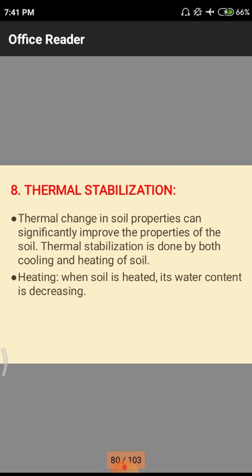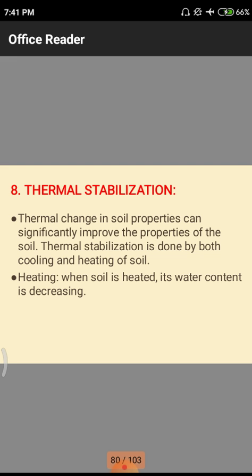Till now we were discussing bitumen stabilization. After that we have thermal stabilization. Normally thermal means at high temperatures, and we use a huge amount of heat to stabilize the soil. Why? Because in foreign countries the soil has a huge amount of water, so there is no chance to construct high rise buildings.